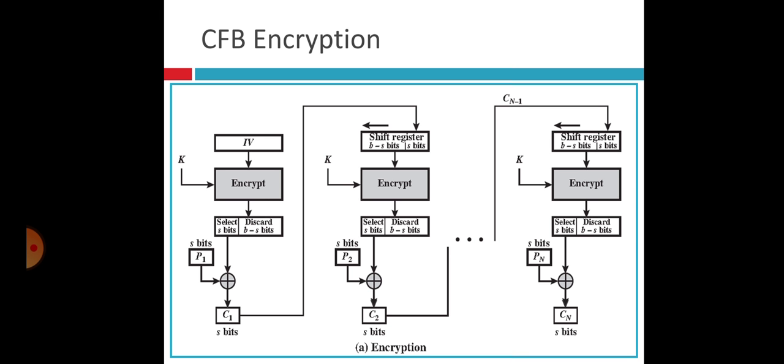Now, CFB encryption techniques. Here we are seeing in the diagram the flow of encryption in CFB. The first step is IV, the initial vector, which is encrypted. Then we need to select S bits, and we discard B minus S bits.